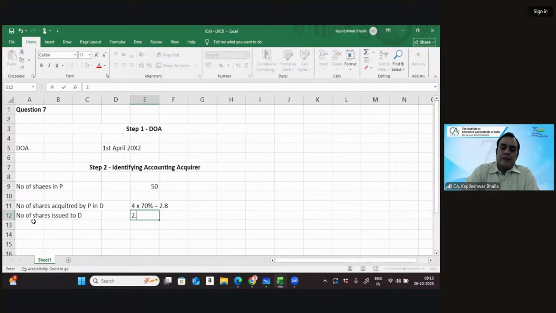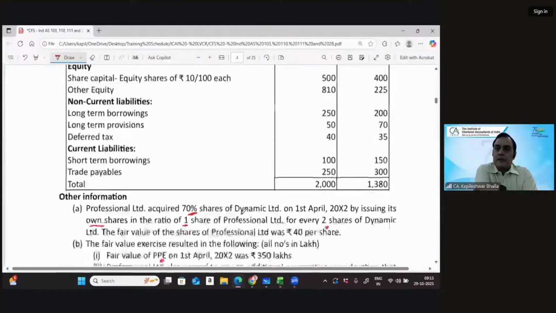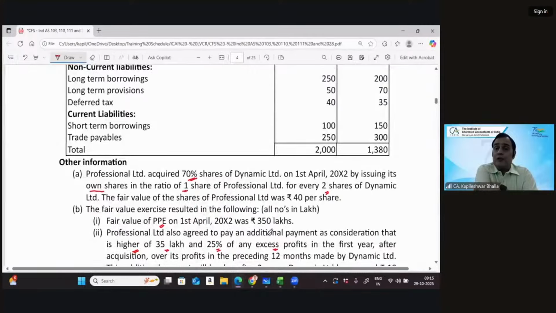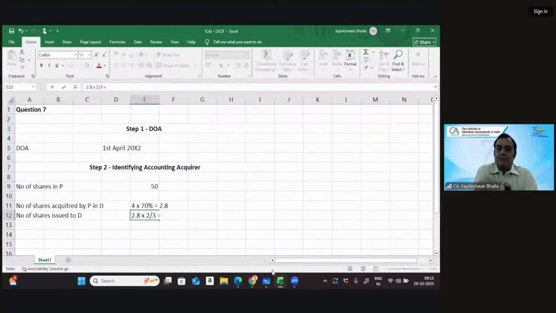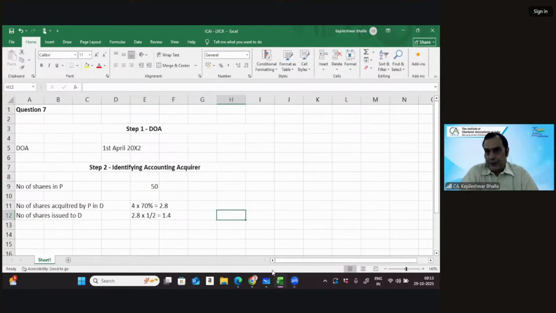And then it says that we are going to issue 2 shares for every 3 shares held. I think it's 2 for 3. No, 1 is to 2. So we are given that we are going to issue 1 share for every 2 shares held. So against 2.8, we will issue 1 share for every 2 shares. That comes to a total of 1.4 shares.